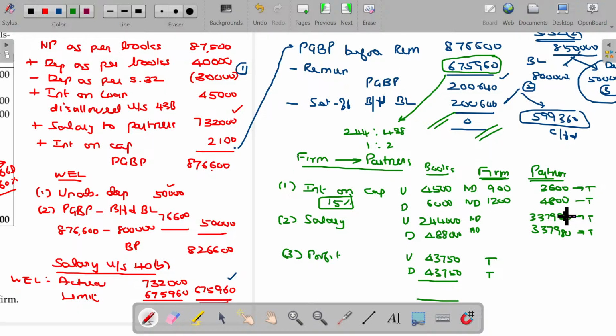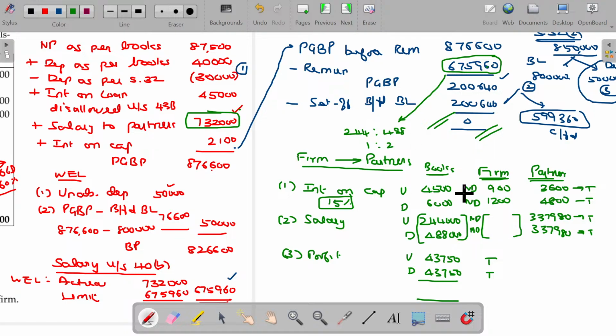To the extent not deductible will be the difference between these two. You cannot show that separately for U and D; you have to show that collectively. 7,32,000 actually deducted but disallowed. Only this much is deductible, so the difference between these two is disallowed.